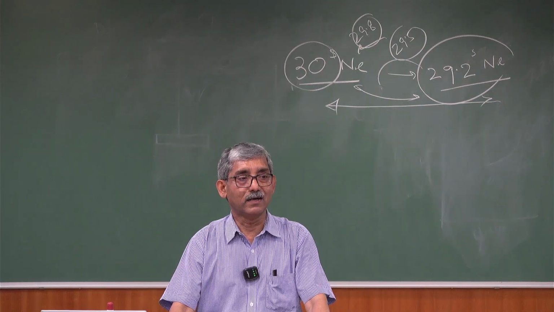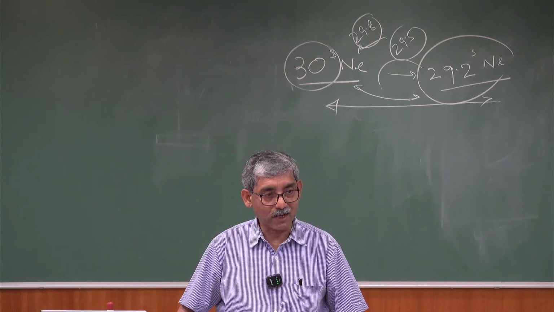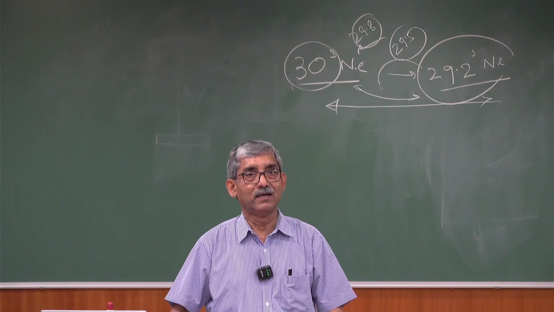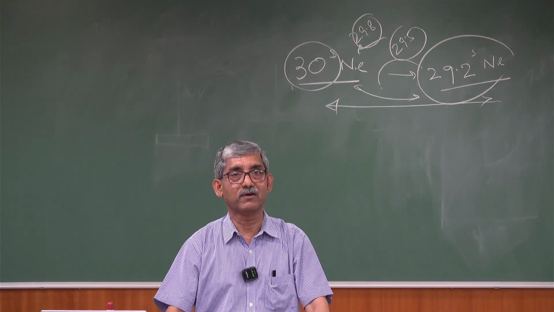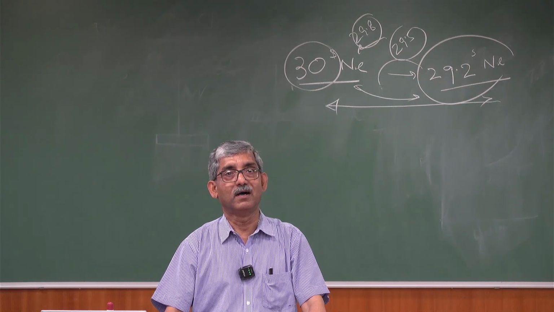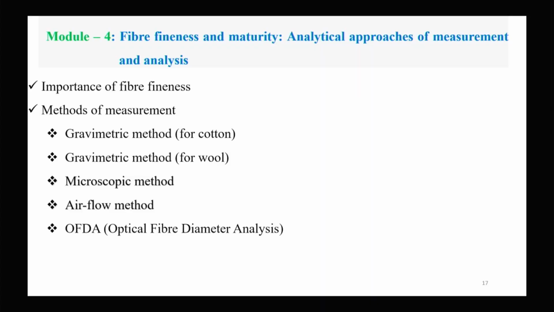Then module 4 is fiber fineness and maturity, where we will discuss the importance of fiber fineness and methods of measurement. Different methods are there: gravimetric methods, microscopic method, airflow method, optical fiber diameter analysis, and fiber diameter analyzer.